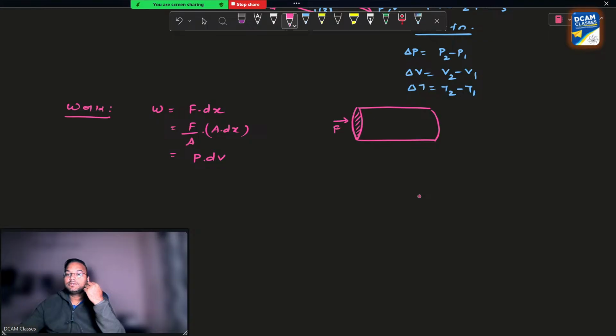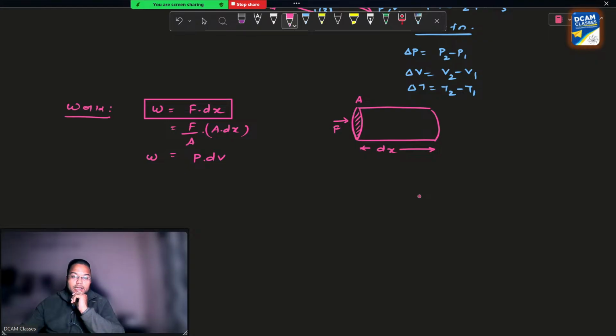This is the force which is applied. This is the area. This is the length dx, for which we have displaced this area. So work, what I want to tell you is, work is force into displacement, but work can also be written as PdV.